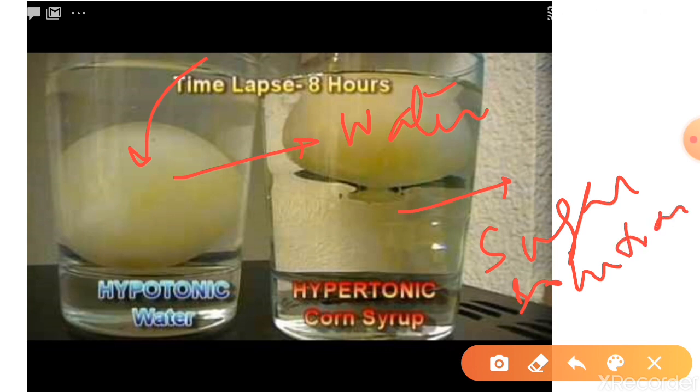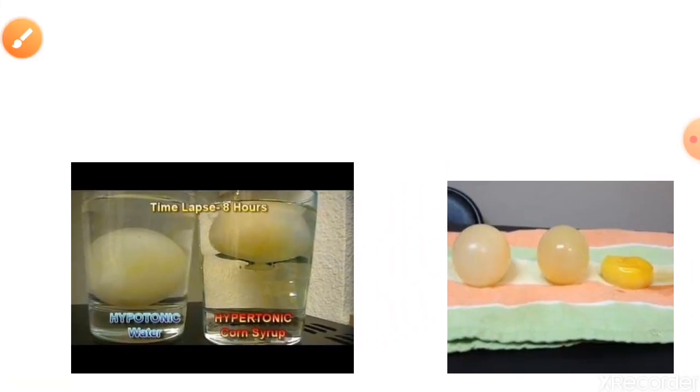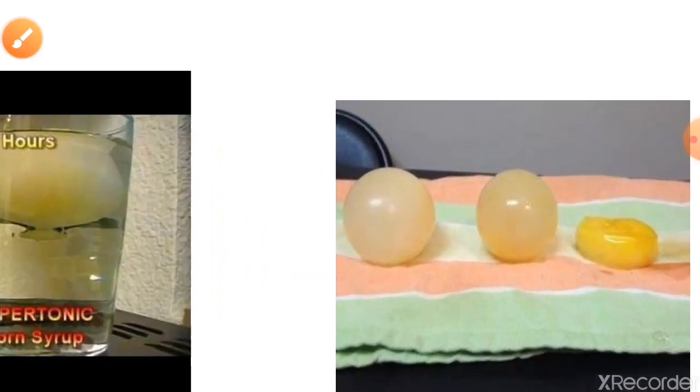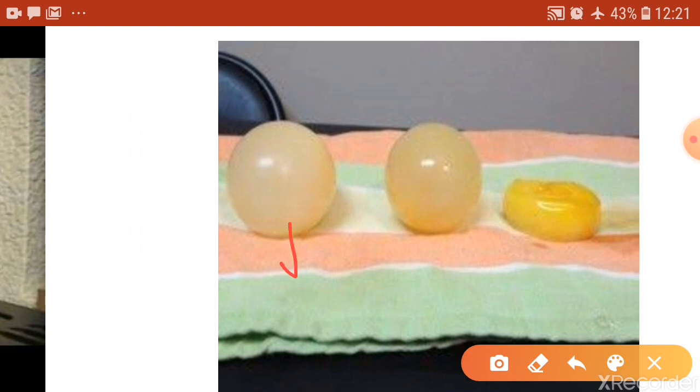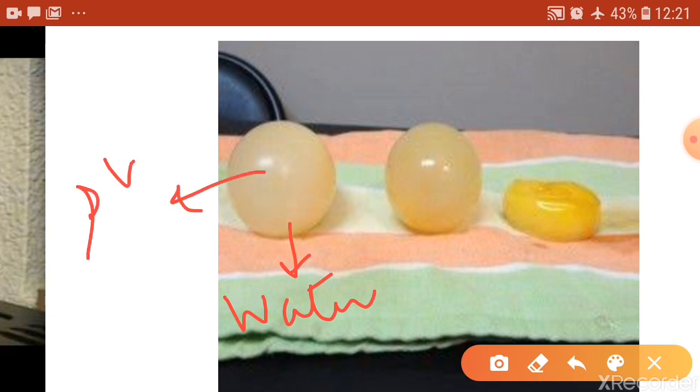Now you have to wait for around 8 hours. After 8 hours, when you look at the eggs, the egg that was placed in water swells, and it swells because it takes in water by endosmosis.